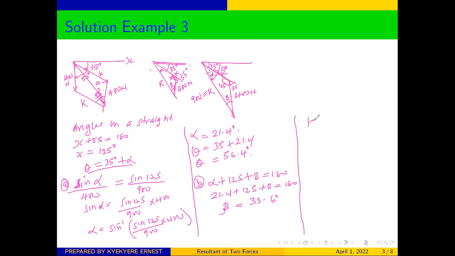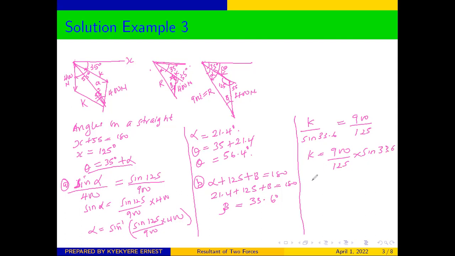So here we can say that K over sine beta, and we know that beta is 33.6, will be equal to our resultant, which is 900, over the opposite angle, which is 125. So from here, we can say that our K will be equal to 900 over 125 times sine 33.6.